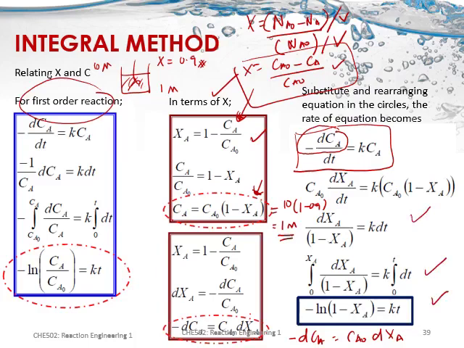Okay, so if you look at the integration here, integration of 1 divided by 1 minus XA is negative ln of (1 minus XA). Alright, by now I want you to utilize your calculator, because having this kind of integration, sometimes it's not necessary to know the equation.